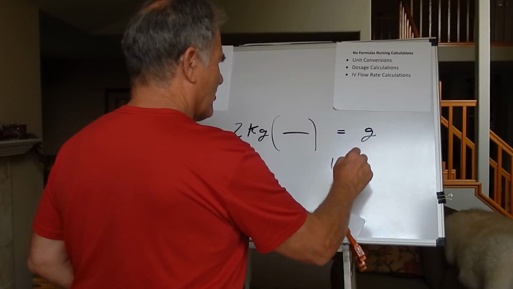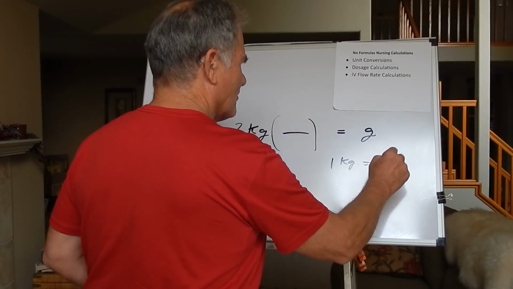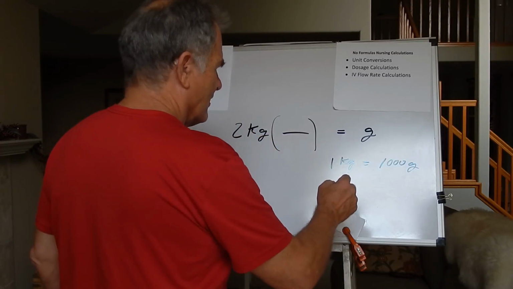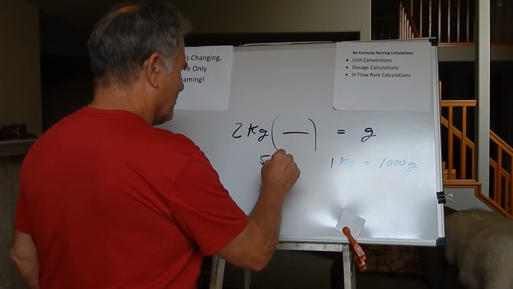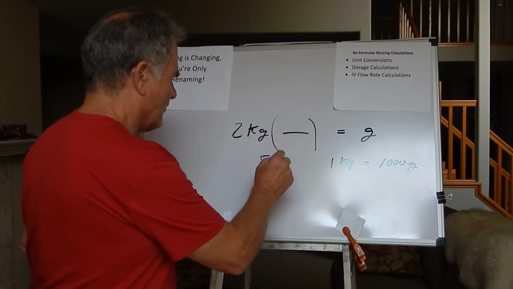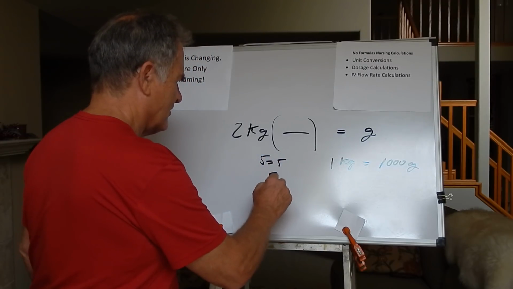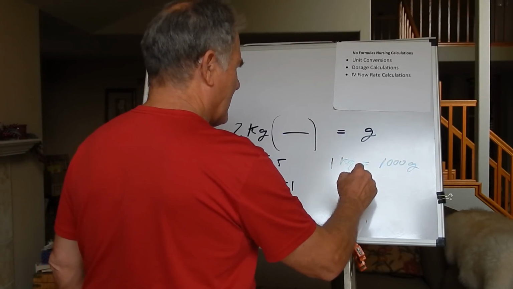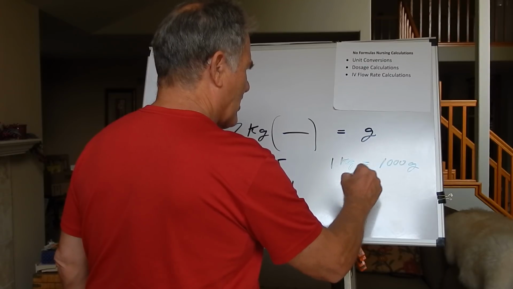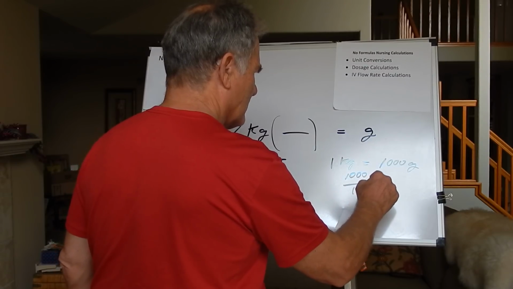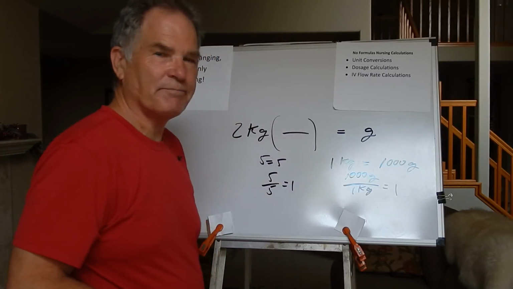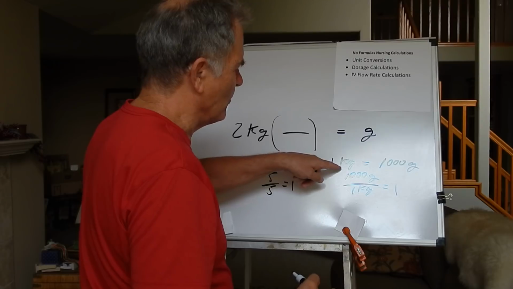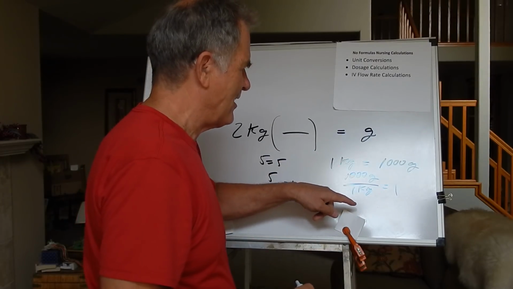We know 1 kilogram equals 1,000 grams, right? We also know 5 equals 5. Now we can divide this 5 by this 5, and that equals 1. Same thing over here. We can divide 1,000 grams by 1 kilogram, and that equals 1. We can also say 1 kilogram divided by 1,000 grams is 1.